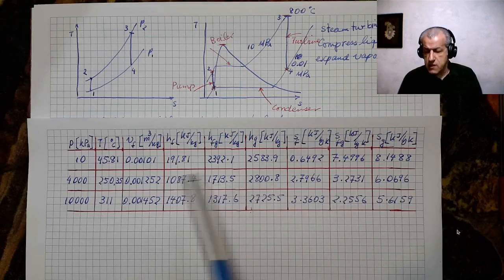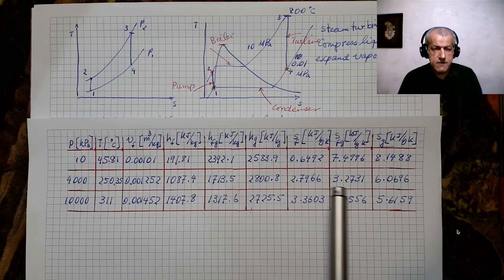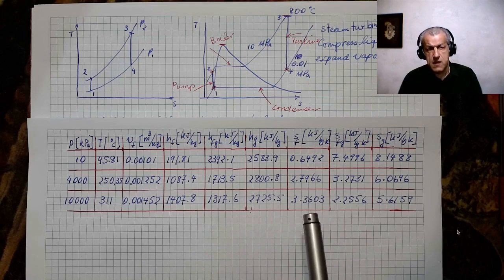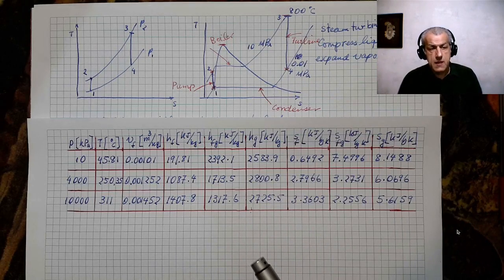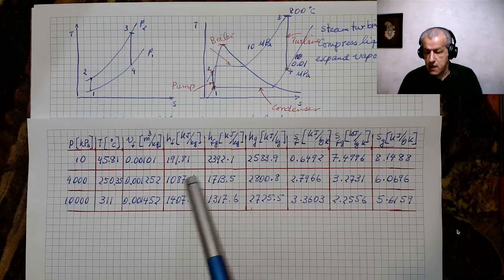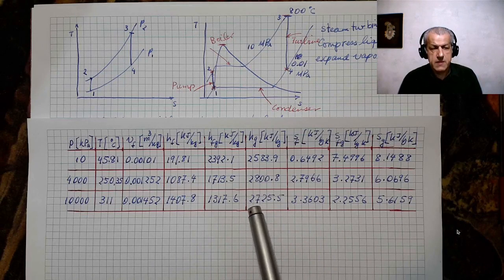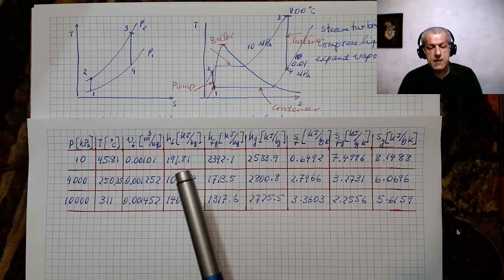These are relevant water properties. Of course, I shall use other properties if I go to superheat conditions, but these are saturation properties that I shall use just to fill the table that I drew.